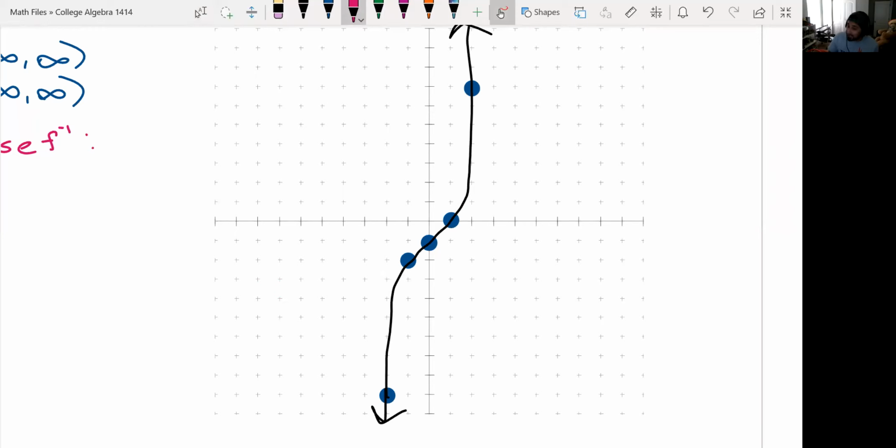By the horizontal line test, we only intersect once, which means it's one-to-one. By our XY chart and our graph, we see that so far, every x has its own y value. So this means it is one-to-one, and we are cleared to find the inverse.